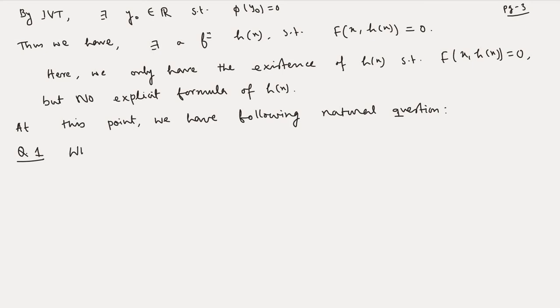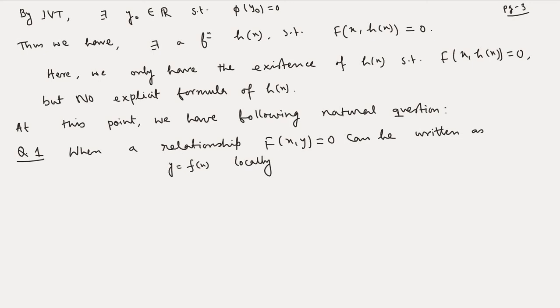When can a relationship f of x comma y equal to 0 be equivalently written as y equal to f of x locally.